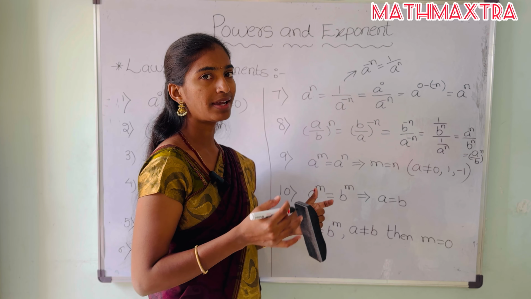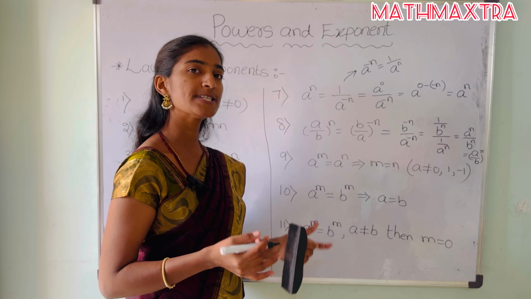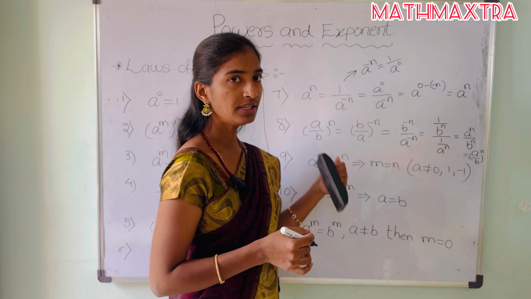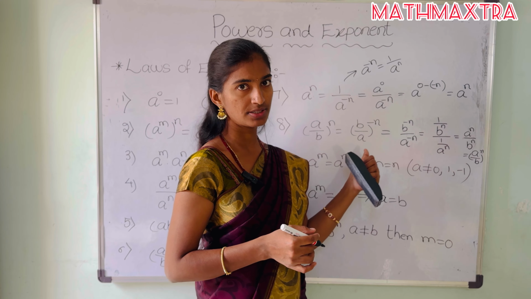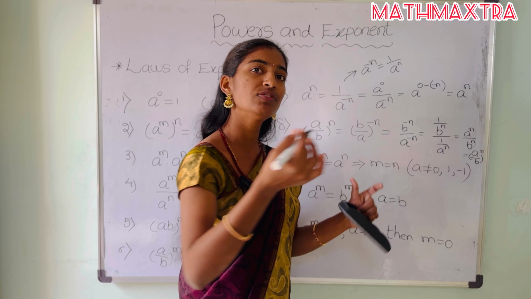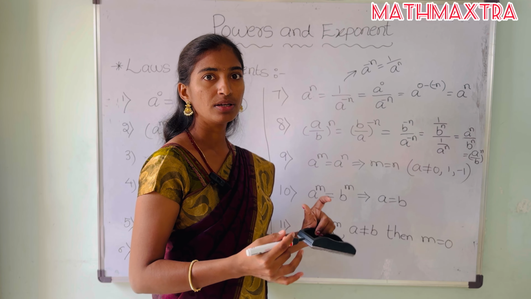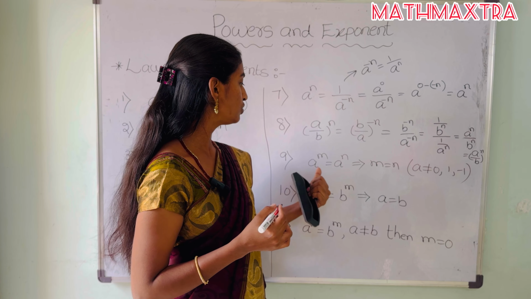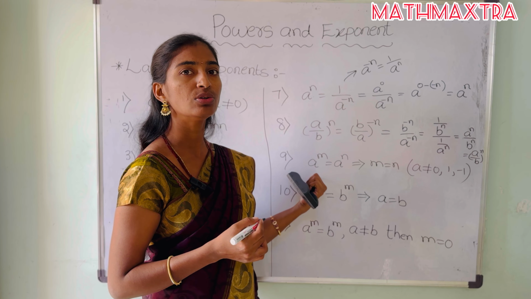See, the same case is applicable when a is equal to 1 also. If you take a is equal to 1, 1 to the power of 3 is equal to 1 to the power of 4, isn't it? So, 1 to the power of 3 value is equal to 1, and 1 to the power of 4 value is also equal to 1. They are equal, but 3 is not equal to 4, isn't it? That is why we should not take the value of a as 1.